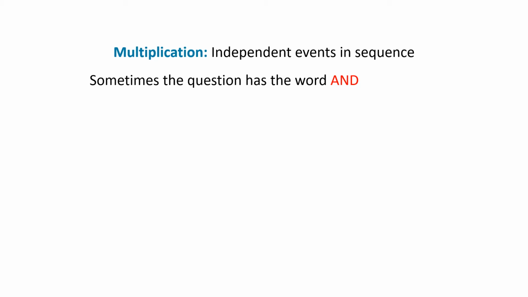Okay, now let's go again. Now with this question, rolling 1 on a pair of dice. So here we don't have the word "and", but it's still a multiplication because you are rolling the dice and you roll it twice.